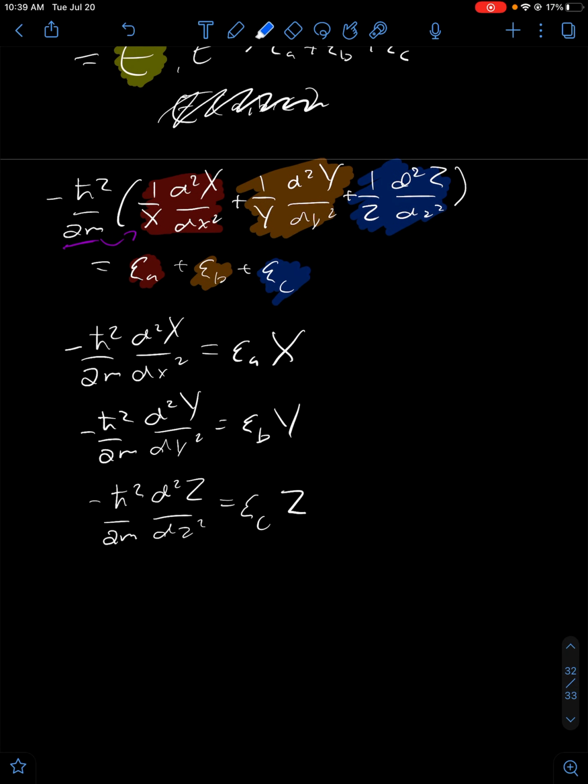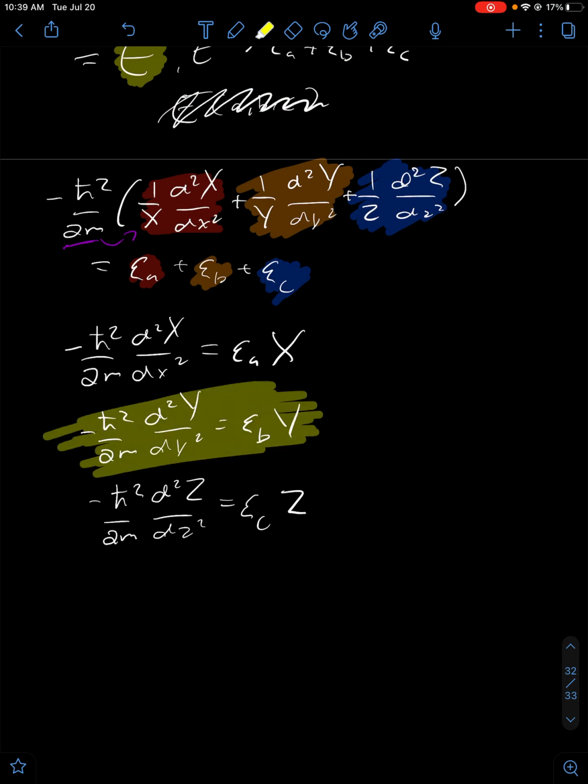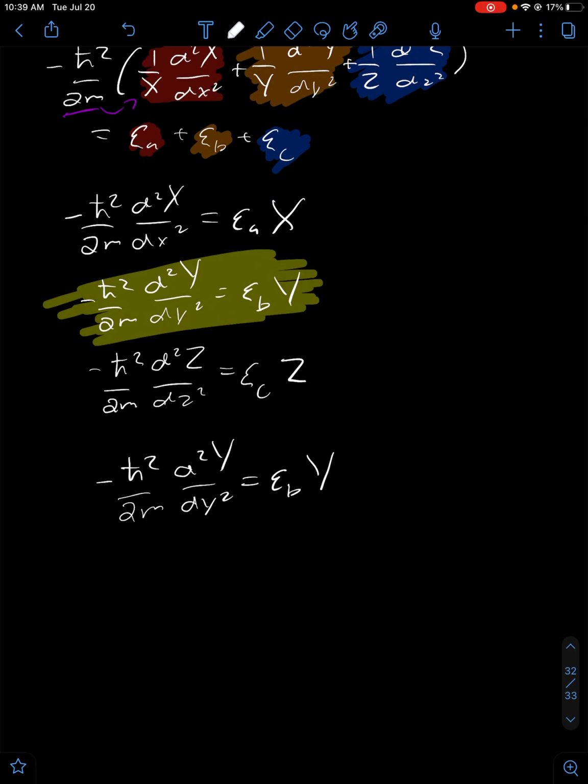Now, I'm just going to analyze the Y function, and we'll see that it applies pretty easily to the other functions. So let's just solve this specific equation: minus h bar squared over 2m, second derivative of big Y of little y, equals epsilon B times big Y.